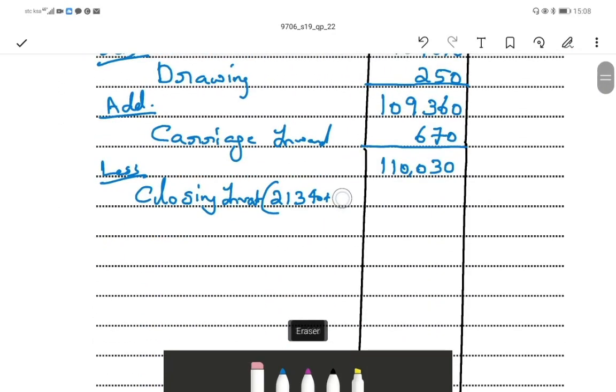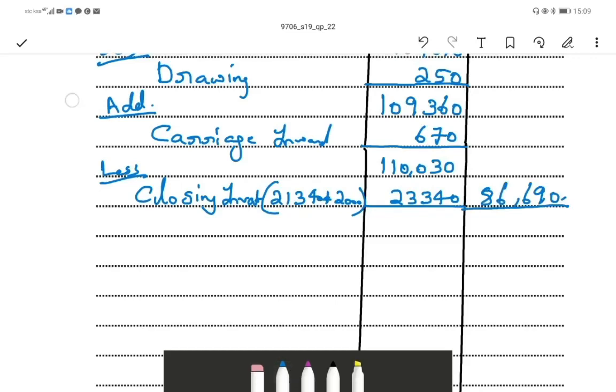Children, are you clear? Why we are not taking 3,200? Because we have to take only the cost price, not the selling price. So the amount becomes, cost closing inventory is 23,340. So our cost of sales is equal to, how much is the cost of sales now? 86,690.